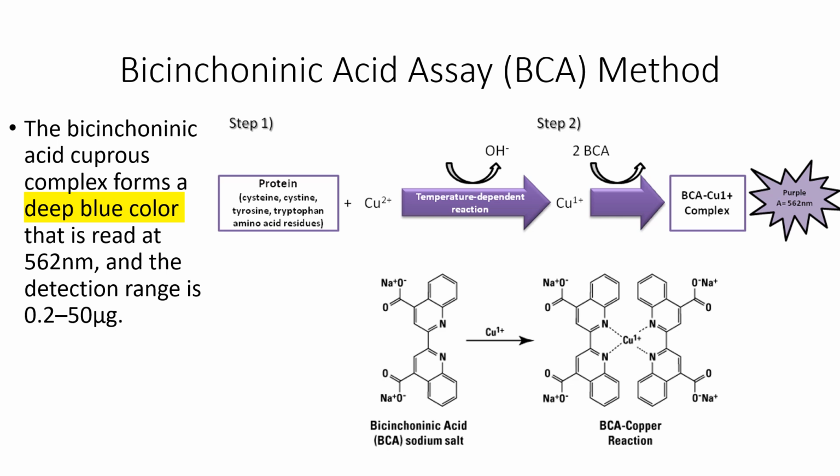So the BCA method is also like the Lowry and the Biuret: in the first step, they all have to perform the Biuret reaction. You add the copper sulfate to the protein solution, then the cuprous ion interacts with the peptide bond, and for the BCA, the sodium salt will react with the cuprous ion, and that will give you the deep blue color. Okay, that's the BCA method.